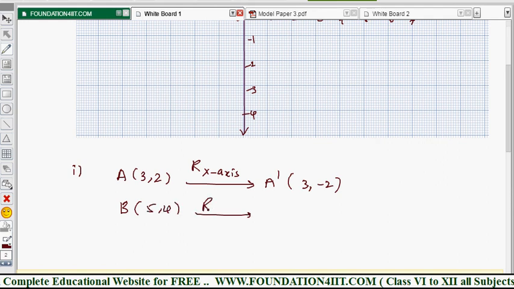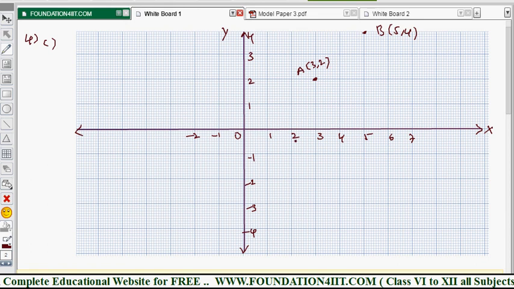This is also the same reflection on the x-axis, so B dash has the same x value and only the sign of the y value changes. Now plot both. 3, 2 becomes 3, -2, so exactly the reflection in the x-axis should be here. This is A dash. And B is (5, 4), so this is B dash (5, -4).